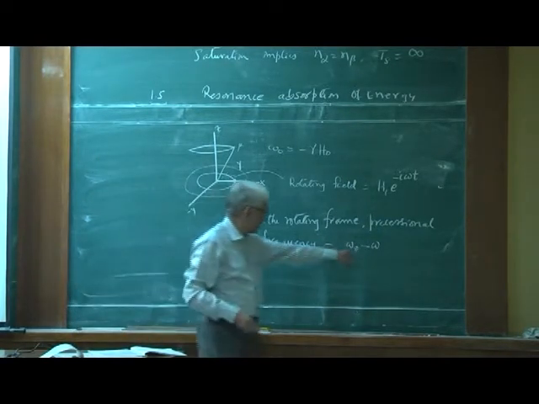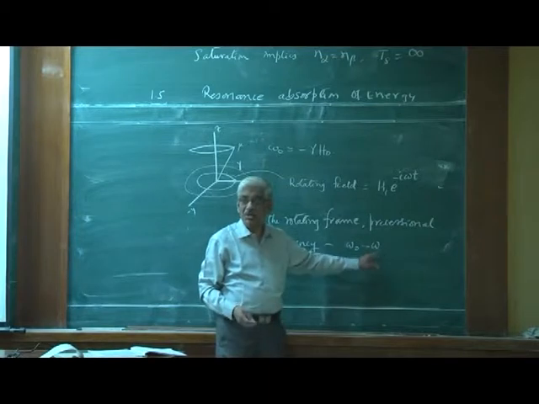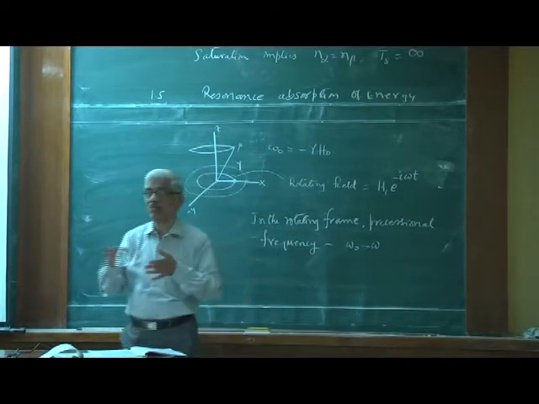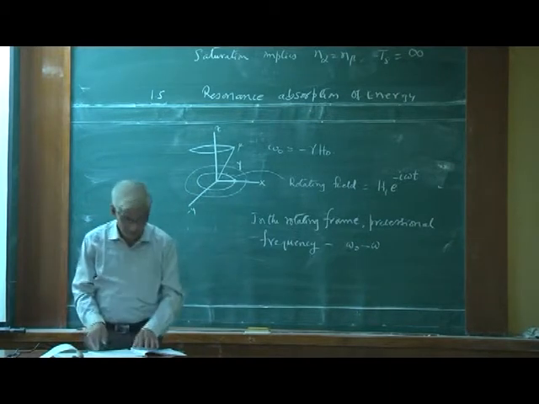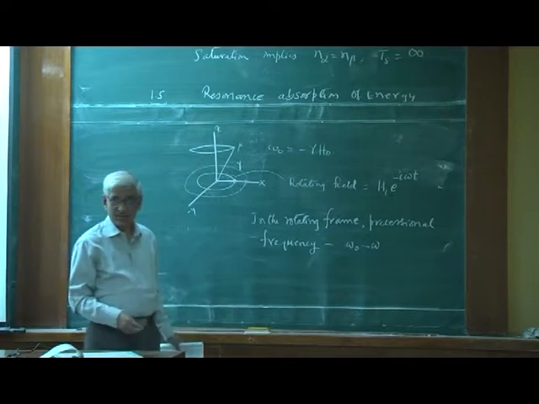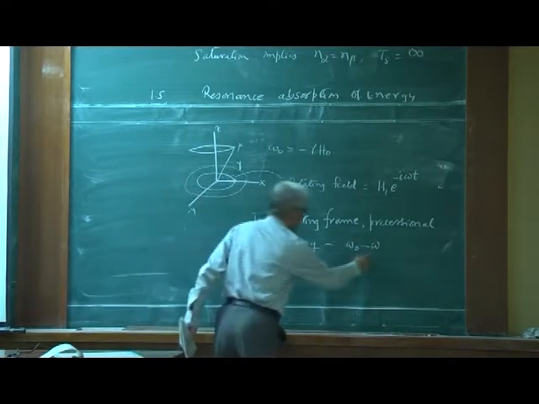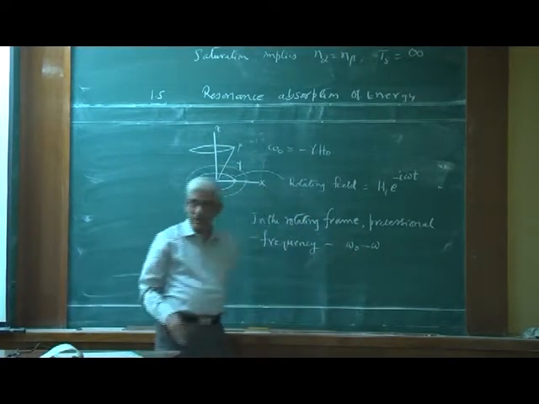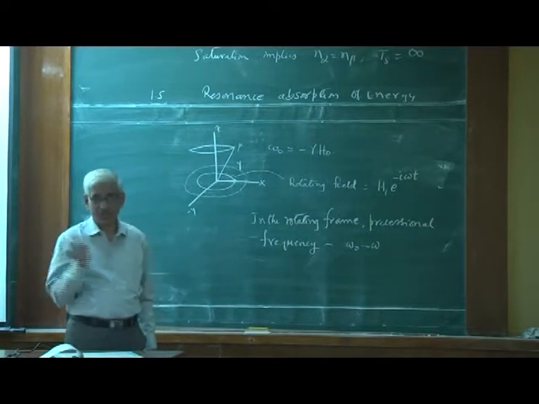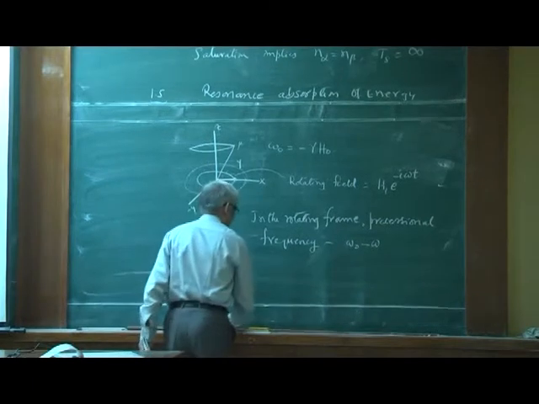This also is in the megahertz range, but you can control this. This is generated by your electronics, so you can control what frequency you want to generate. Therefore, you can vary this frequency. Omega you can vary. So, which means if omega becomes equal to omega naught, then you have reached a resonance condition. Omega is equal to omega naught means a resonance condition.